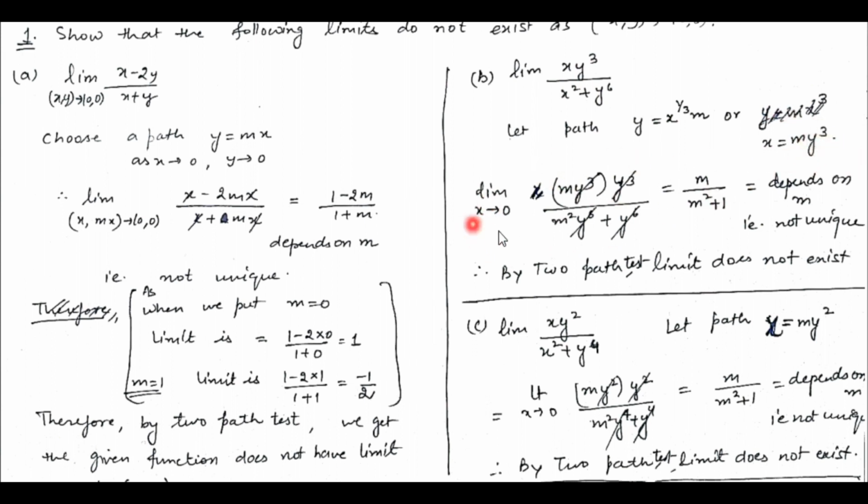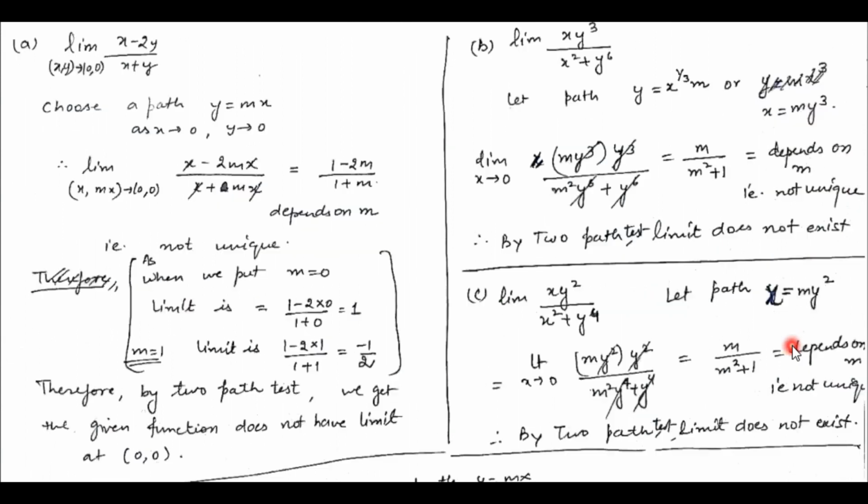After taking this limit, we get something depending on m only, which is not unique. So again, by the two-path test, the limit of the given function does not exist.